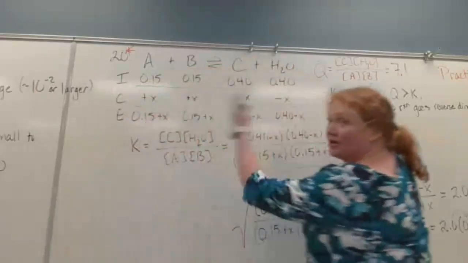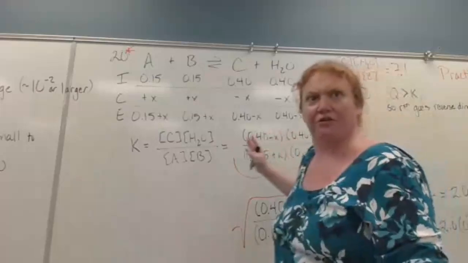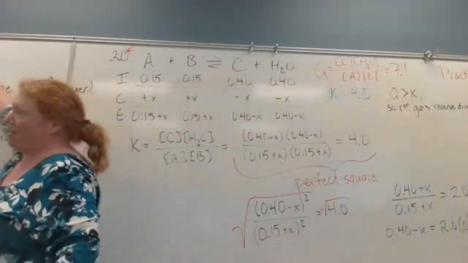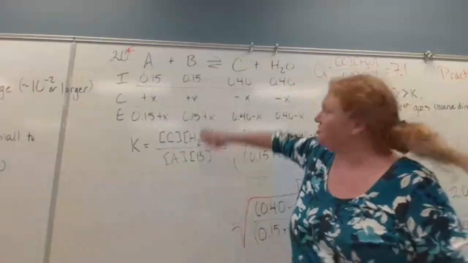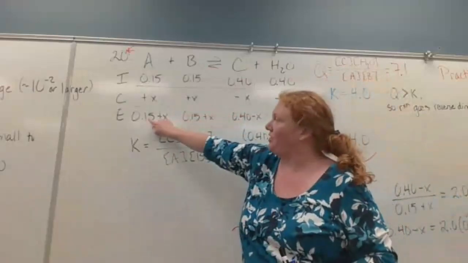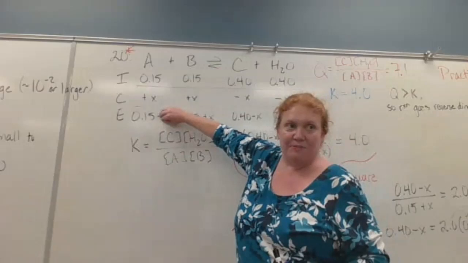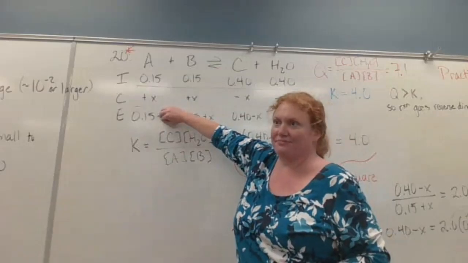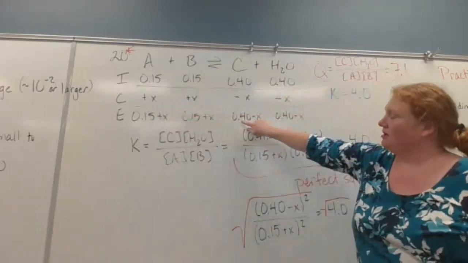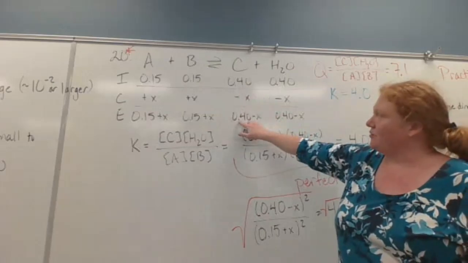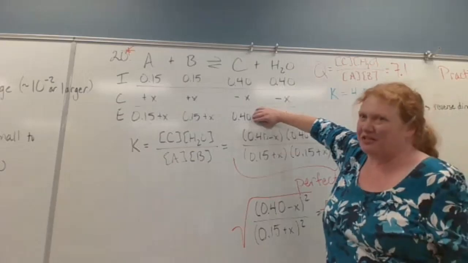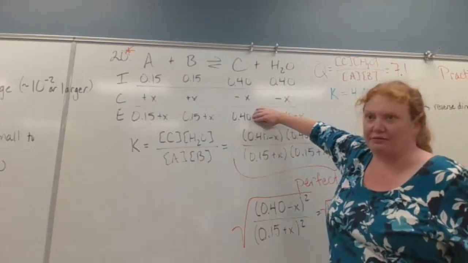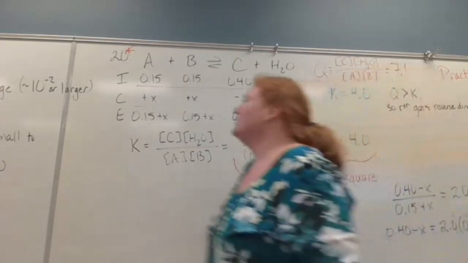They're not far enough apart from each other. The difference is not big enough here. But if I could make that assumption, then in this 0.15 plus x, I would just be saying, well, it's really just 0.15. And if you make the assumption, you're saying 0.4 minus x is really just basically going to be 0.4. That's what we're assuming.